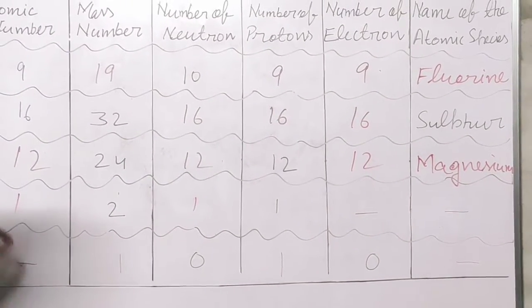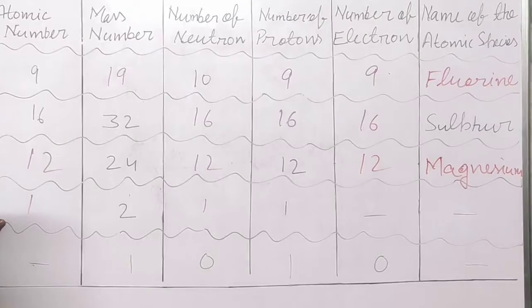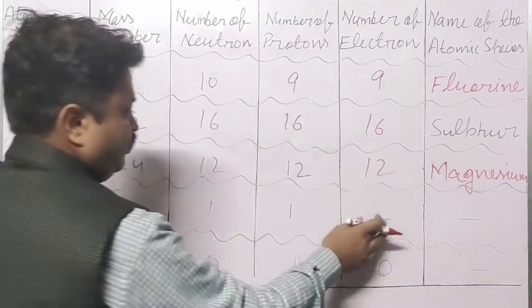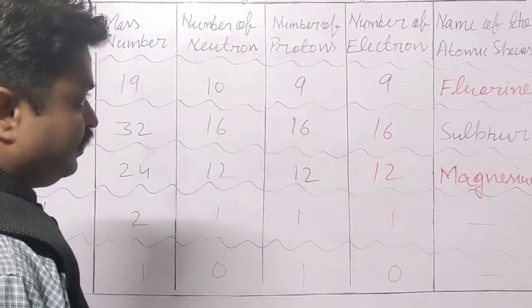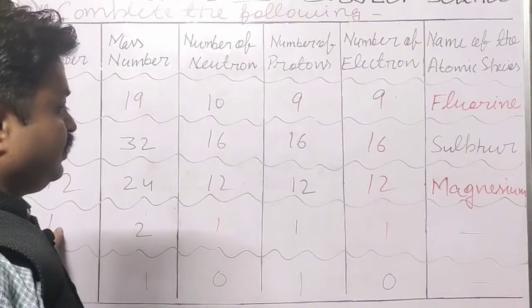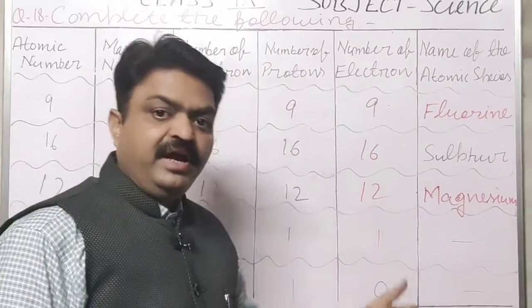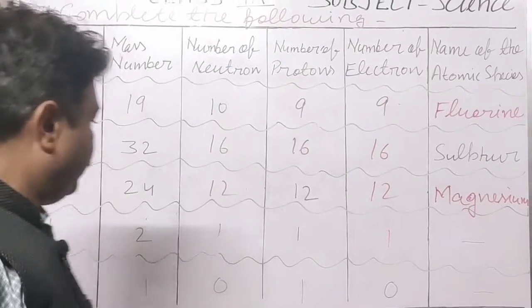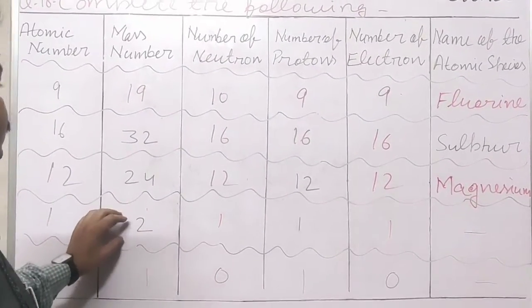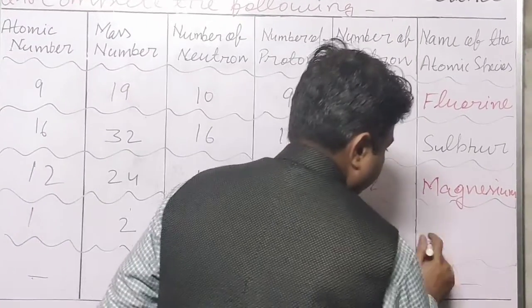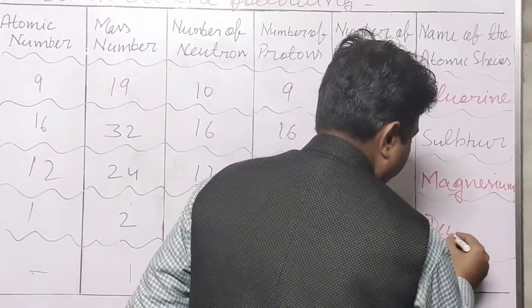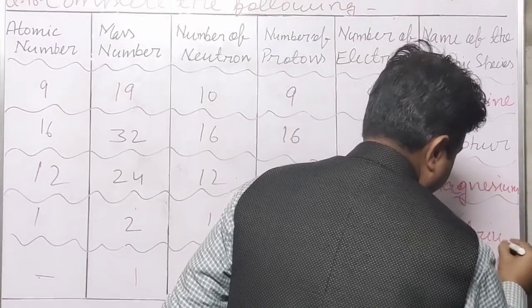So we can say that it is an isotope of hydrogen, and the number of electrons is also 1, student. And which isotope is it? It is deuterium, because its mass number is 2. So we write here deuterium.